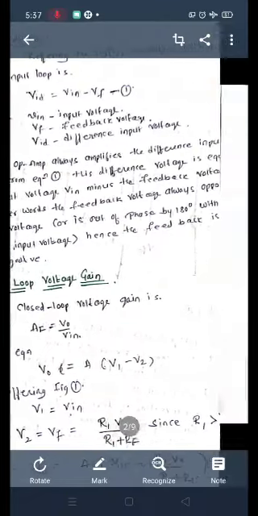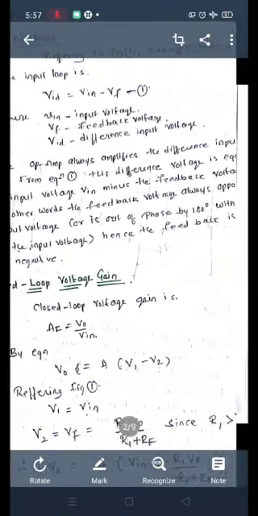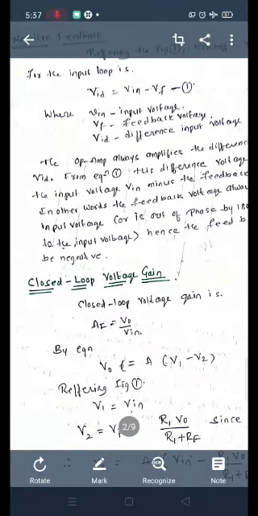This is how we write the differential input voltage with respect to figure 1. With the help of this, we are now going to find the closed loop voltage gain.